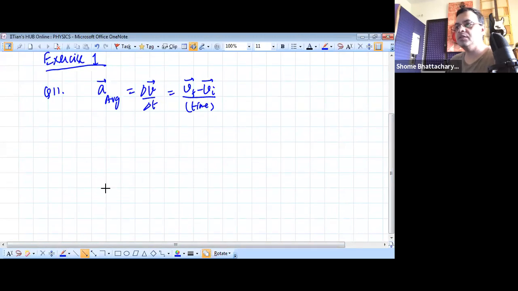Going by the geometry method, let us say this is the direction towards the east. The initial velocity is this vector pointing eastwards, and the magnitude of that velocity is 5 meters per second. Now after 10 seconds, the final velocity is changing to something moving northwards.